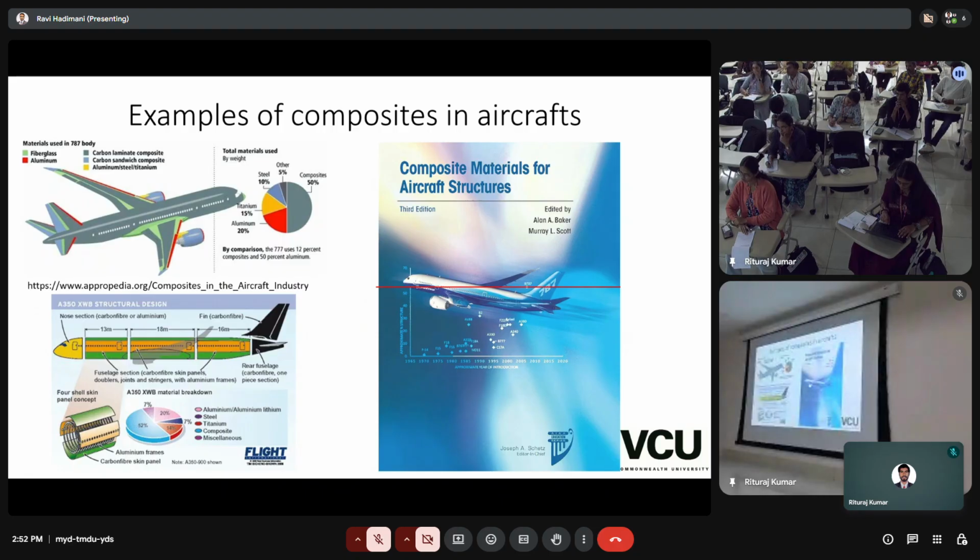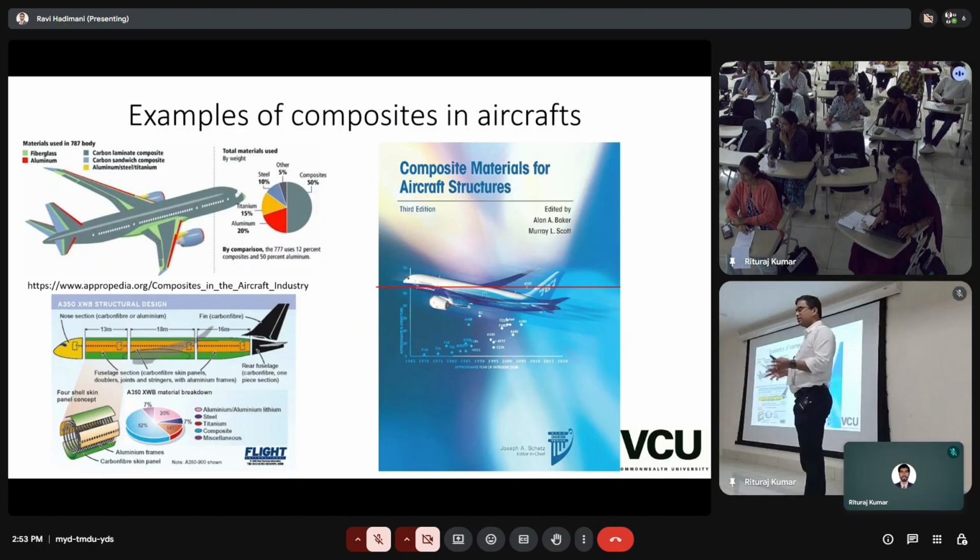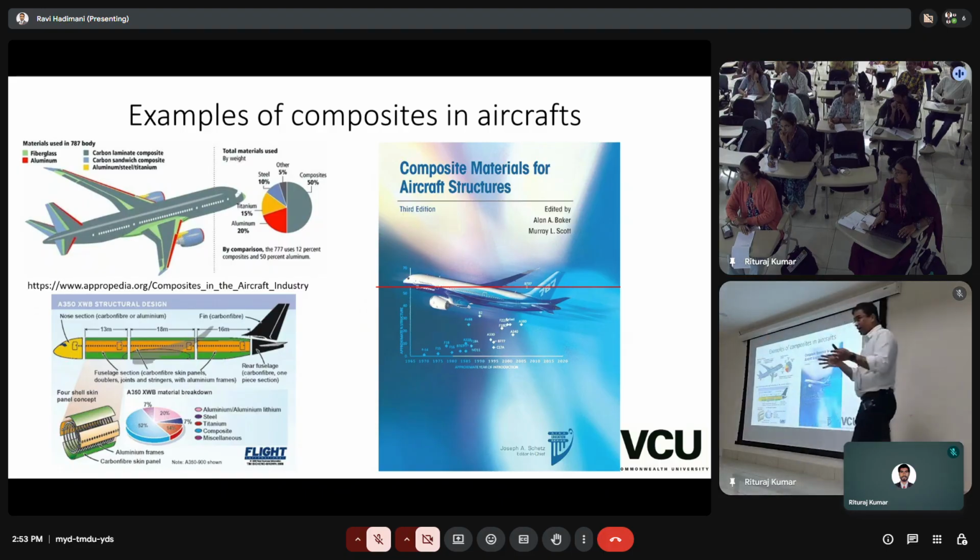What do you think about a Formula One car? How much do you think is composite? It's a lot of it. Above 80. Yeah, it's a lot, okay? Because if you think about it, the IC engine, well, nowadays there are electric Formula One cars as well, but right now the IC engines are non-composite.